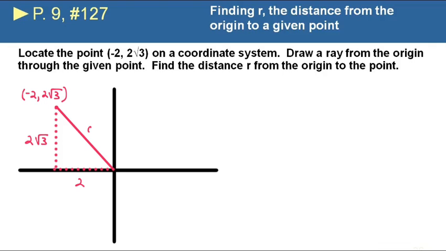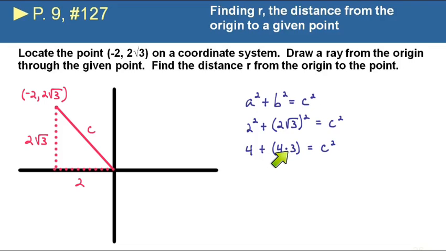And so we can say 2 squared plus 2 square root of 3 squared equals c squared. Now 2 squared is 4. 2 square root of 3, if we square it, we have to square each part. So 2 squared is 4. Square root of 3 squared is 3. Alright, now 4 times 3 is 12, so I end up with 4 plus 12, which is 16. 16 equals c squared. That means when I do the square root of both sides, the square root of 16 is 4. So the side that we were looking for here was 4.